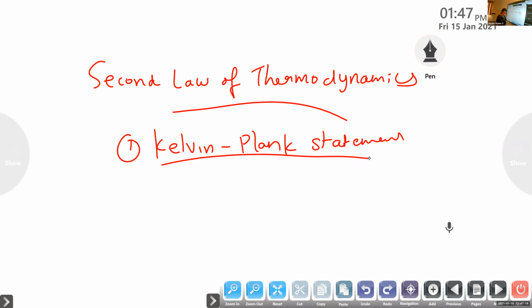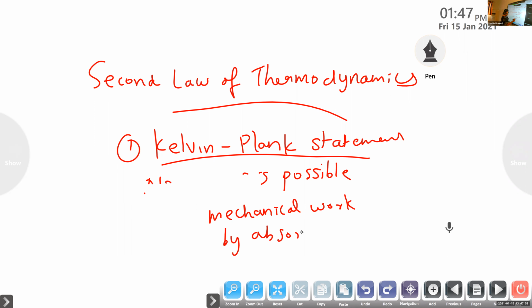First statement: no process is possible in which heat can be converted to mechanical work completely by absorption of heat.